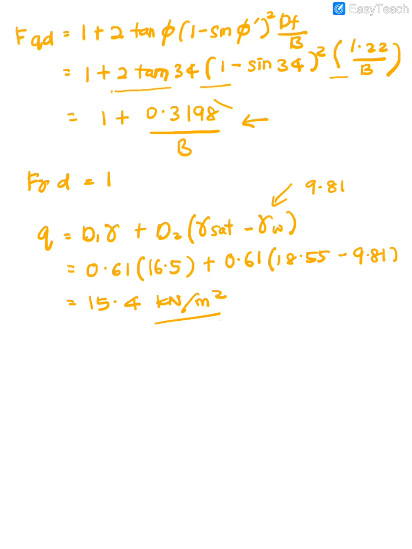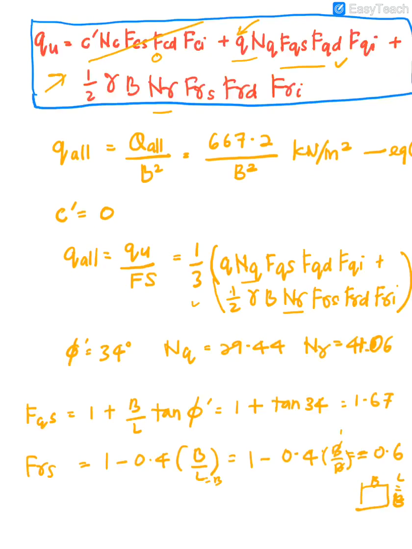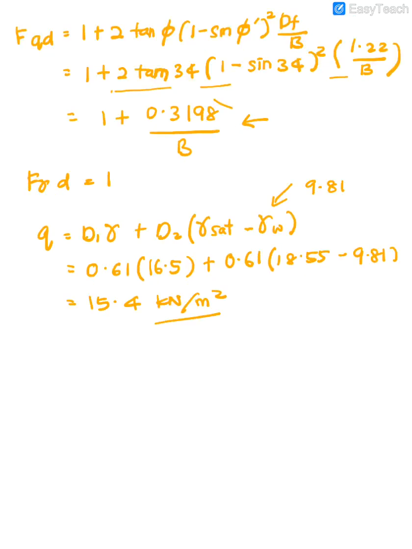Then you already have the value for each parameter for q_u, so substitute all the values into the equation.